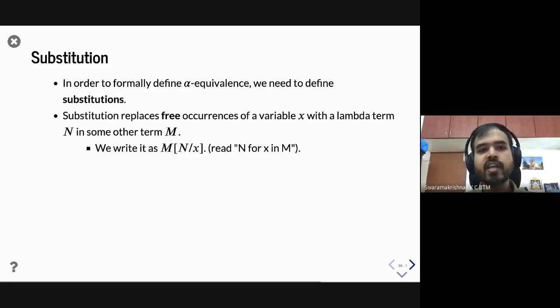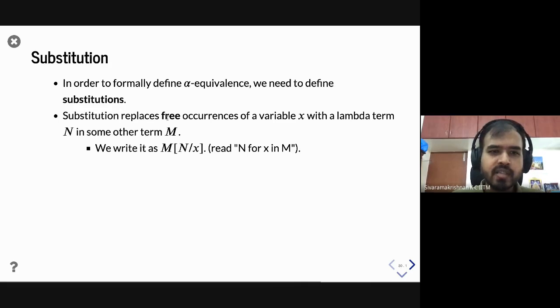And in fact, to define alpha equivalence, we need a definition of another concept, which is substitution, right? And substitution is sort of intuitively understandable, right?